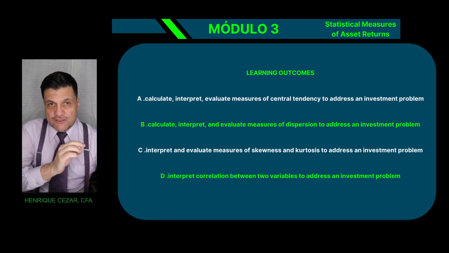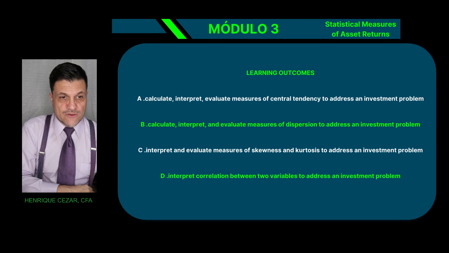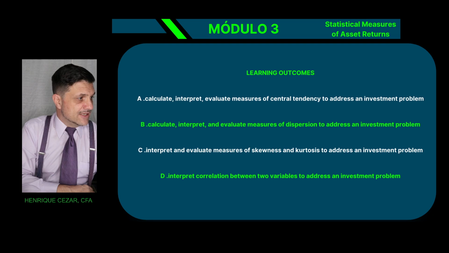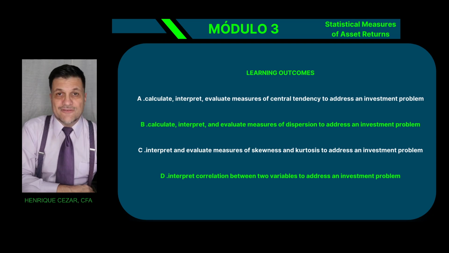In the first learning outcome, there's a calculate in it. The second learning outcome also has a calculate, but the third and the fourth do not have calculations. They have interpret and evaluate.